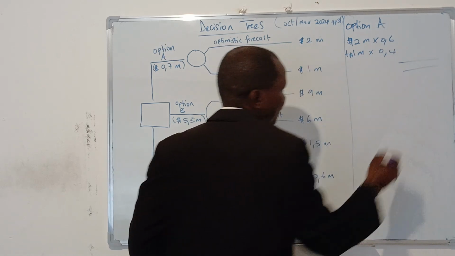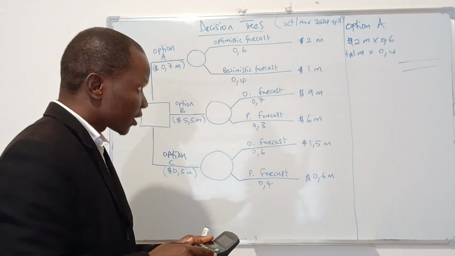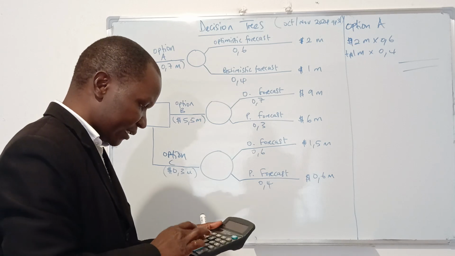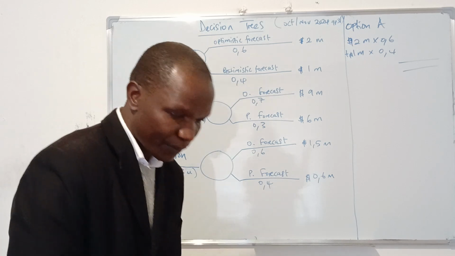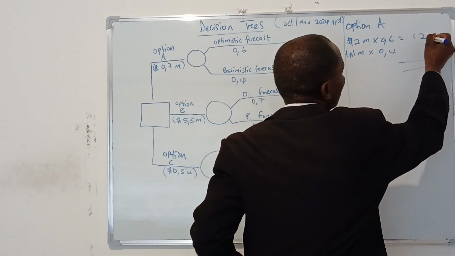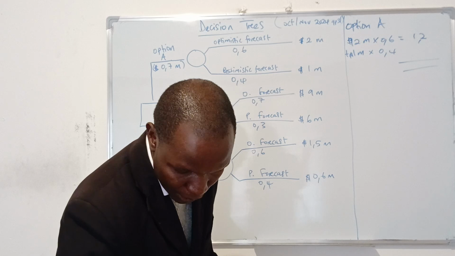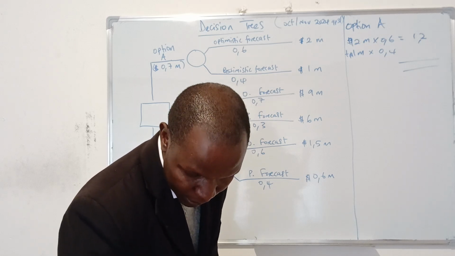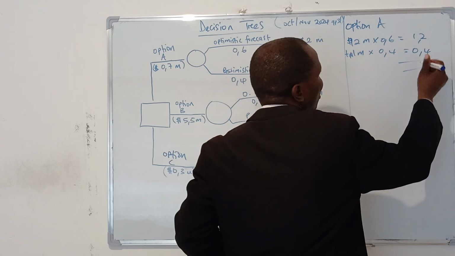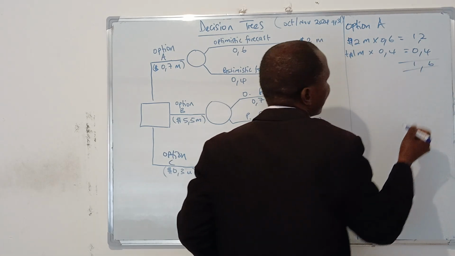If you're using your calculator, you can see that 2 times 0.6 gives us 1.2, and then 0.4 times 1 million gives 0.4. So the total amount is 1.6.